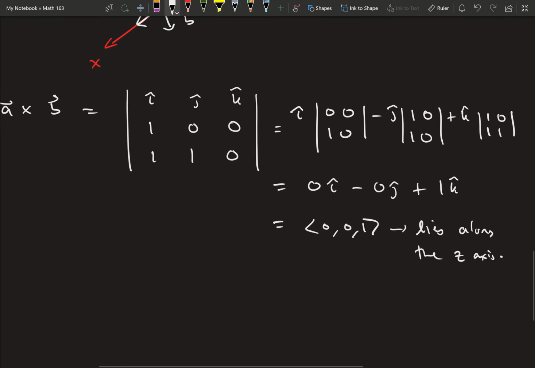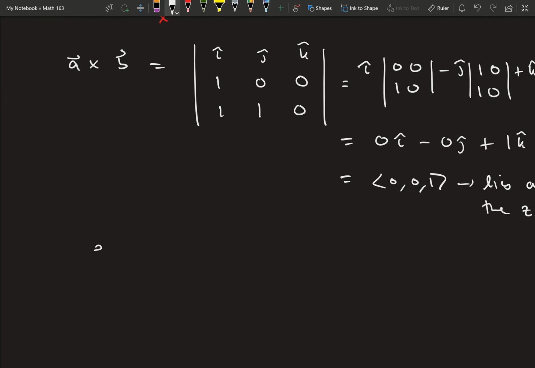And what I'll do is I'll leave you guys with an exercise here to try. You can just do this algebraically. Let A be 1, 2, minus 1, and B be negative 2, 0, and 3.